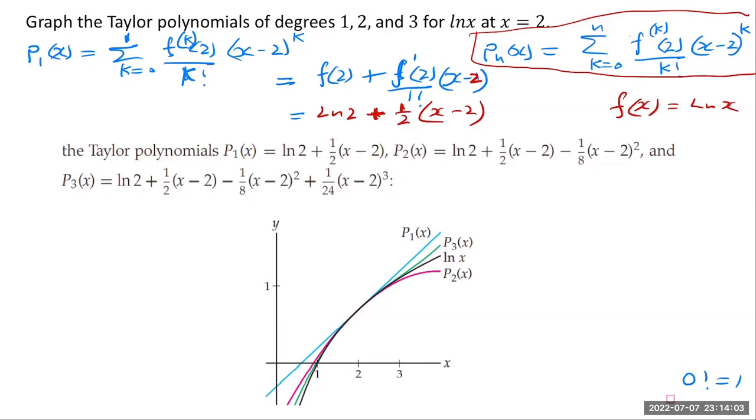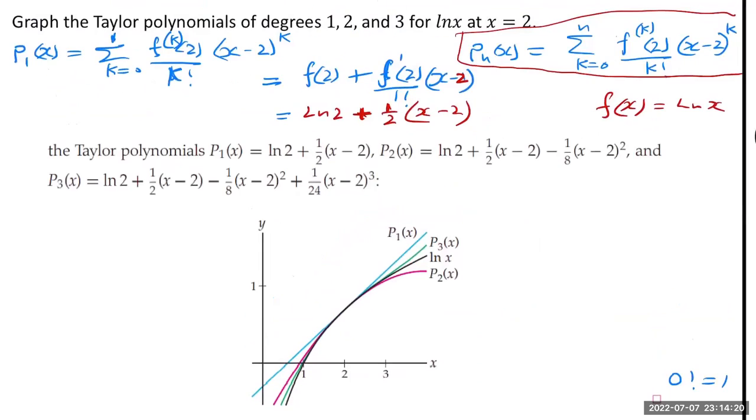All right. Now, if you graph all these three polynomials and the actual graph of ln x, the function that we are looking at, on the same plane, this is the picture that you get. As you can see, in green, the graph of the third order Taylor polynomial is the closest graph to the original graph ln x.